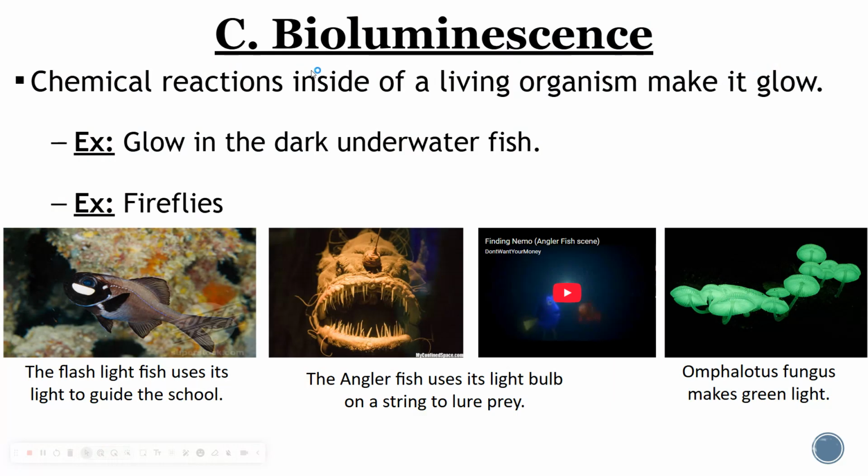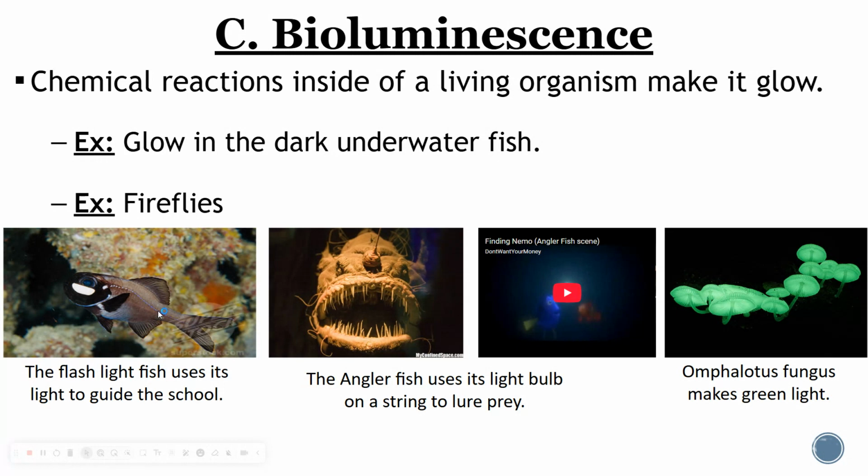The next method of light production is called bioluminescence. Bioluminescence is essentially chemical reactions in living things that release light. So this over here is an anglerfish. If you've seen the movie Finding Nemo, you might know what that is. There's a little bulb on top of its head that has chemical reactions that happen on the inside, which glow.